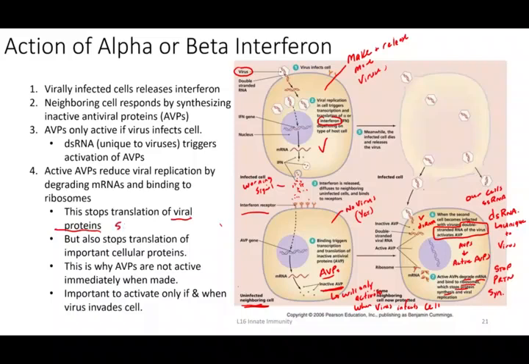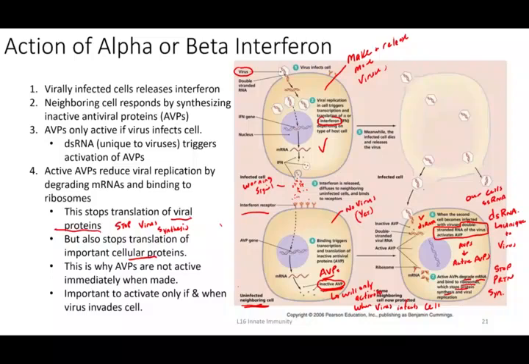So another way, stop virus synthesis. But at the same time, translation is also needed to make normal cellular proteins. And so this is not without any harm to the cell, which is the reason why when these antiviral proteins were made, they were inactive, because we didn't want to shut down the cell immediately. We only wanted to get ready.